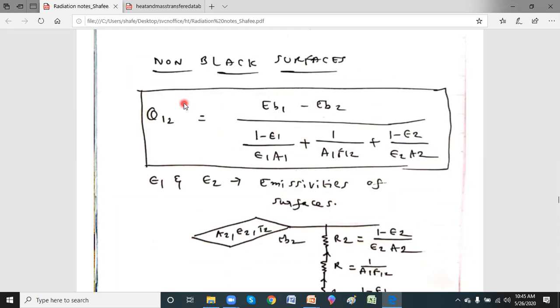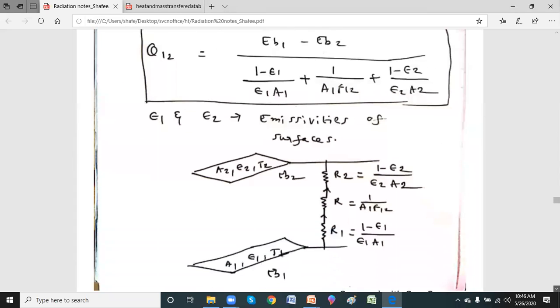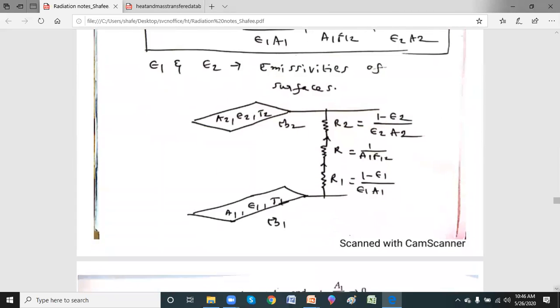Whenever both are non-black surfaces, just remember I have to add two more resistances in addition to the shape factor resistance, that is (1 minus epsilon 1) by (epsilon 1 A1) and (1 minus epsilon 2) by (epsilon 2 A2), where in the problems they will mention the emissivities epsilon 1 as well as epsilon 2, and I have shown that in the electrical network analysis diagram like this.